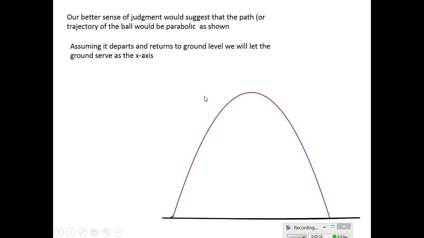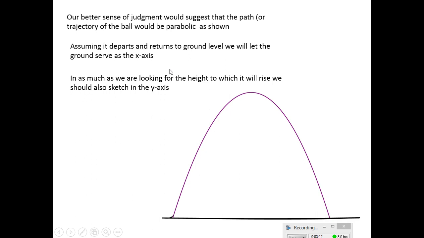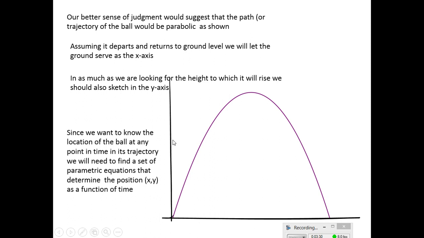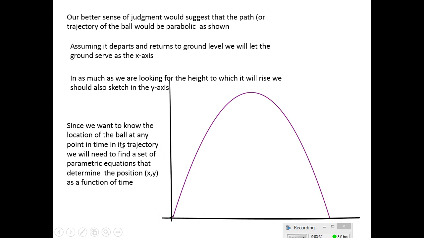So let's put some things in there. Assuming the ball starts from ground level, we put in the axis, which is effectively the ground. And we want to know what height it will rise to, so here we put in an axis to determine the height. Since we want to know the location of the ball at a point in time in its trajectory, we will need to find a set of parametric equations. That's what we're after here.